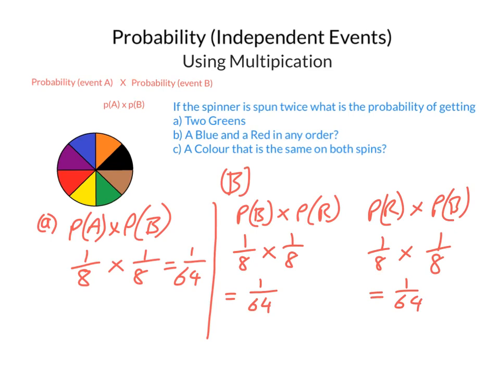So there's 2 ways we could get the blue and the red. So we need to add these 2 together, and that gives us a 2 in 64 chance. And we can simplify by dividing by 2. 2 into 2 goes once, and 2 into 64 goes 32 times. So there's a 1 in 32 chance of getting a blue and a red in any order.